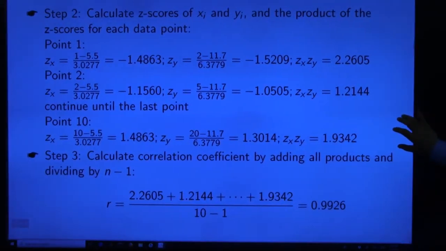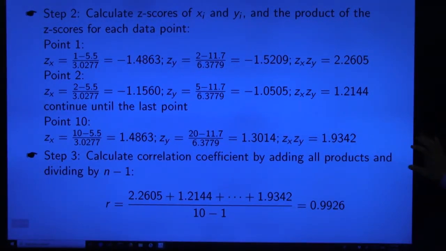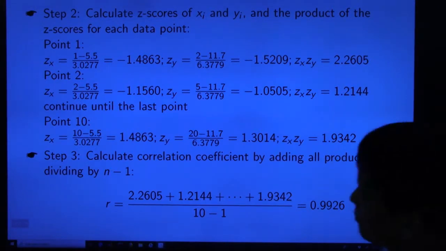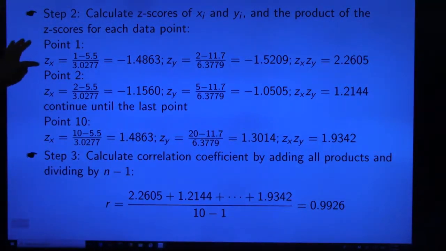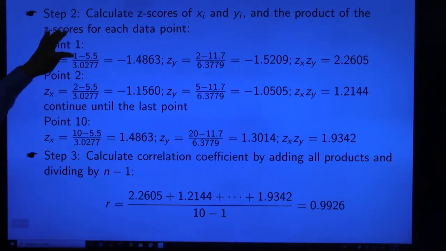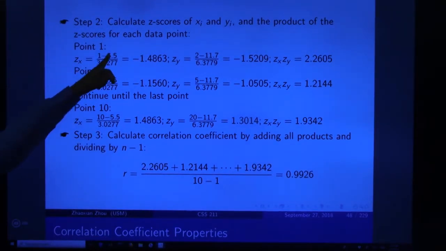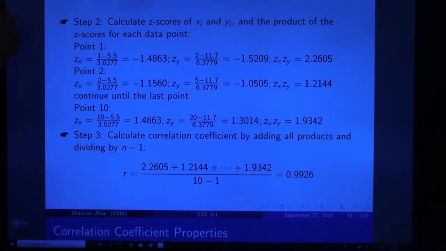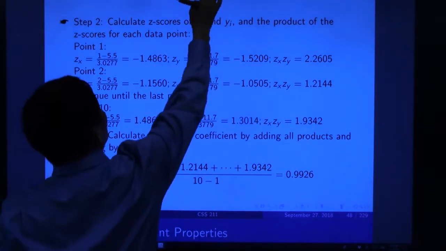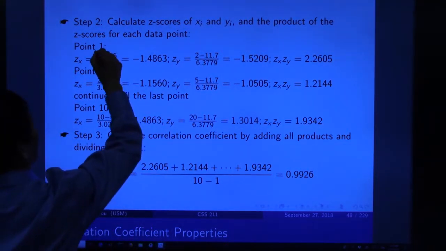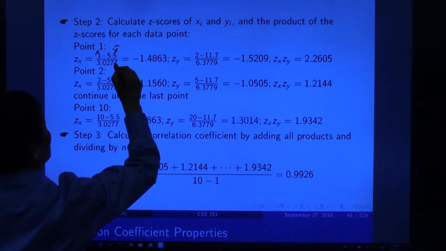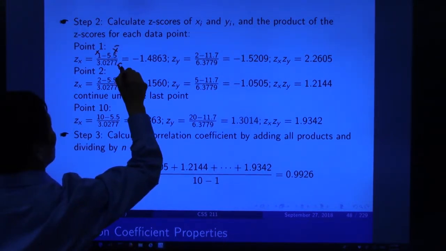So we need to do this point by point. For the first point, zx equals x1, the first value, minus x mean. So this is x, this is x bar, and this is sigma x.